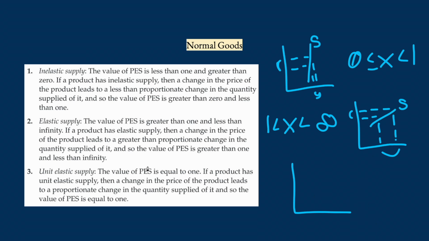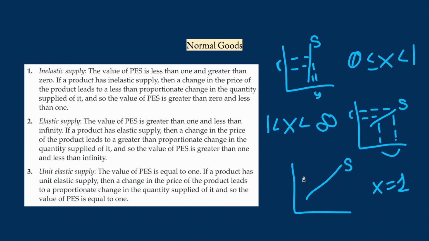Okay, now the last one is really easy. It's going to be when x equals 1. This is unit elastic when the PES value is just exactly 1. And if we take a medium between a perfectly inelastic and a perfectly elastic curve, we're going to get a unit elastic curve that's right in between inelastic and elastic, labeled S for supply.